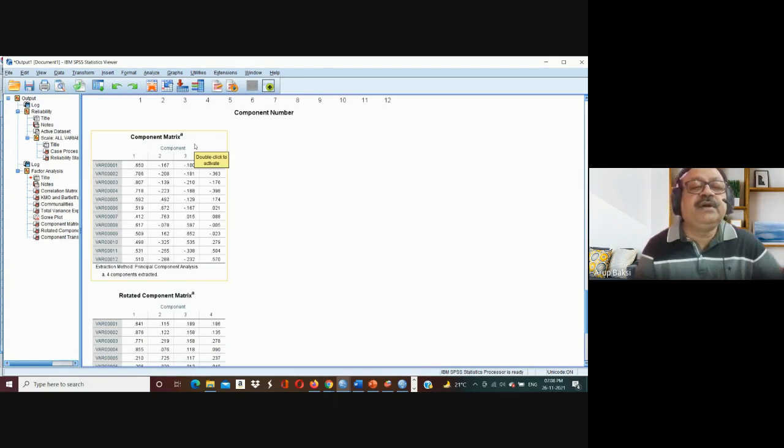And we calculated the communality by the square of this loading, square of this loading, square of this loading. So it is a horizontal summation for each row, that means for each variable, the summation of the squared loadings for each component.